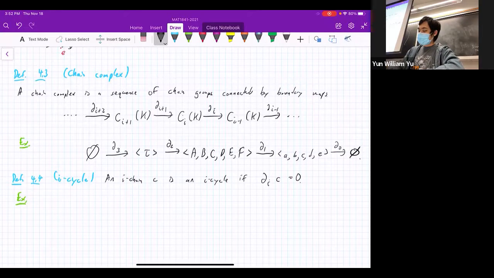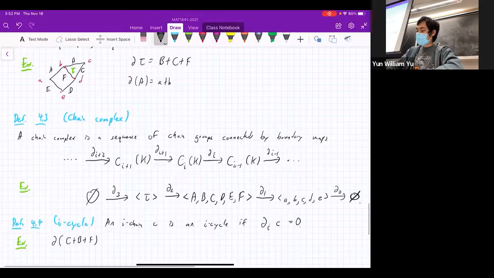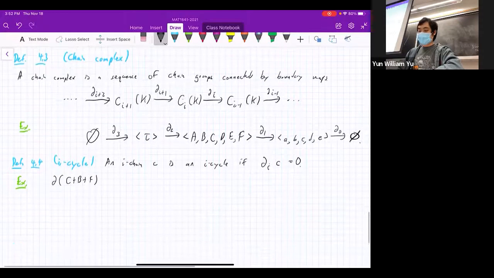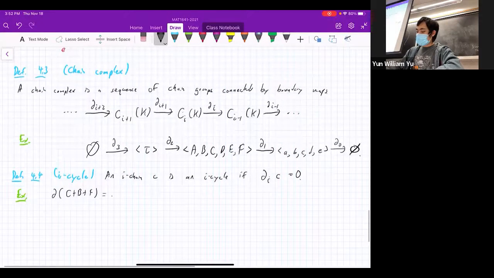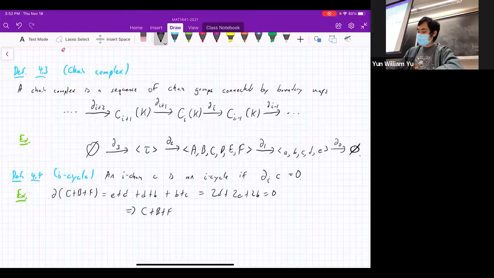Okay, so as an example, if you take d of C plus B plus F in our example up here, that is equal to E plus D plus D plus B plus B plus C, which is equal to 2D plus 2E plus 2B, which is equal to 0, which implies that C plus B plus F is an i-cycle.